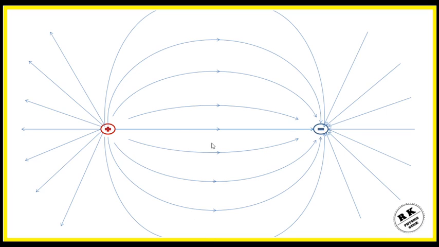Now from this figure we can confirm the last characteristics. Here the field lines are always moving from positive to negative charge. They are not again moving from negative to positive. That is why they do not form closed loops.